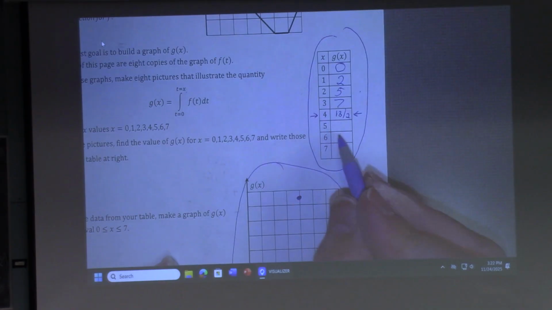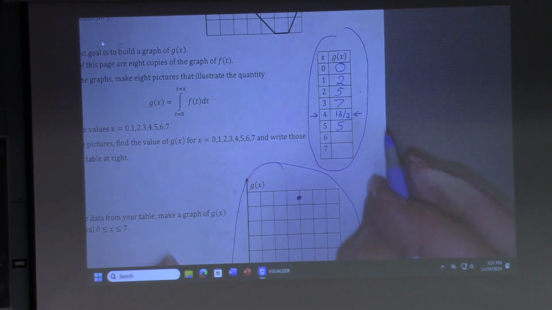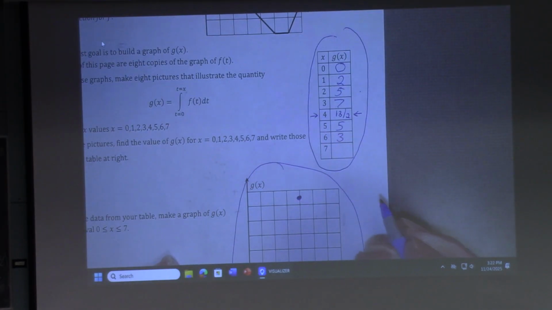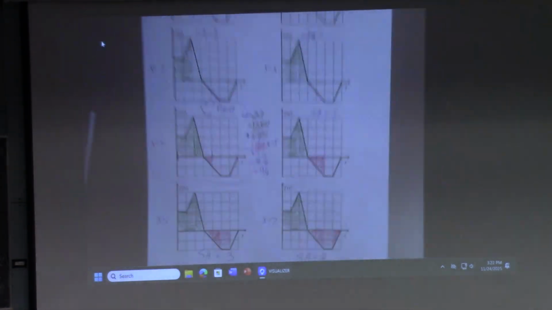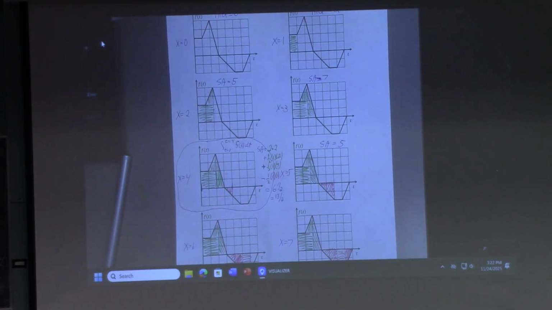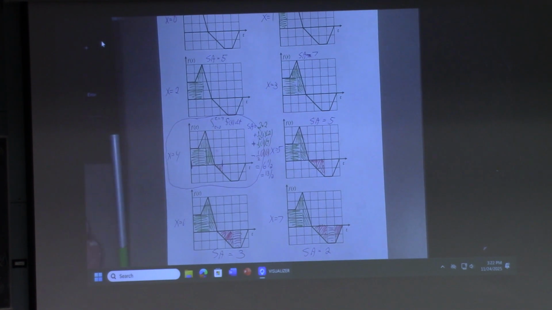How about when x is equal to 5? Back down to 5. How about when x is equal to 6? Back to 3. And when x is equal to 7? 2. So the regions that I get look like this. A different area function for each value of x. I'm sorry, a different signed area for each value of x.